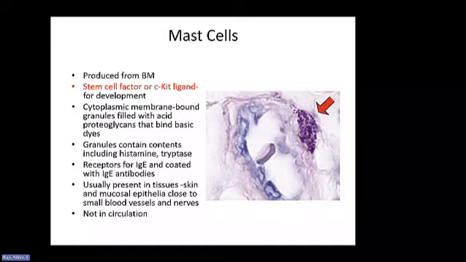These are typically present in the tissues. There are not many in the blood circulation, so you don't typically see them on the blood counts because there are very few of them in the circulation. These are typically found in the tissues and close to the neurovascular bundle.